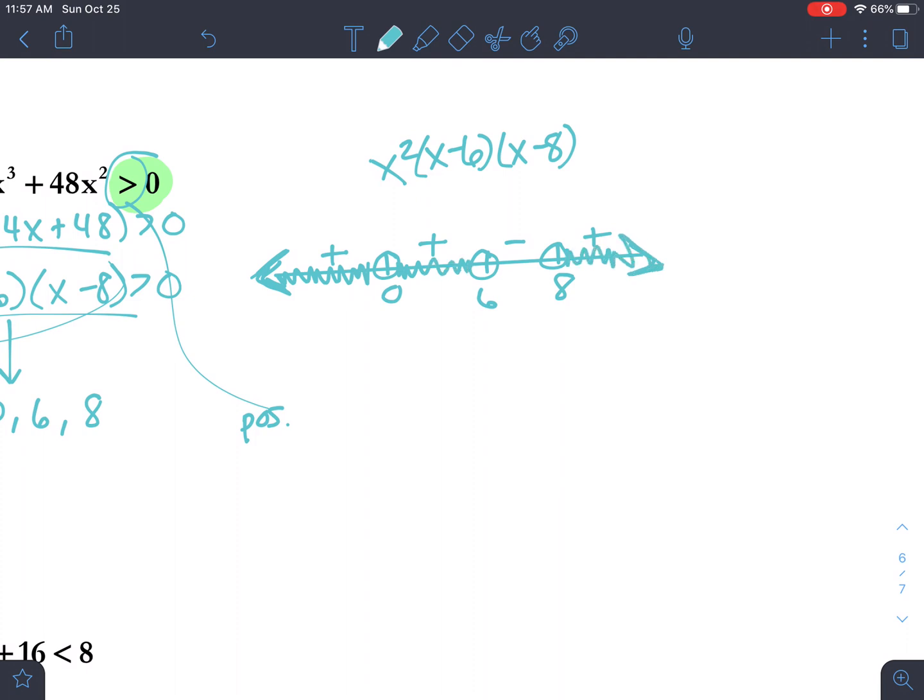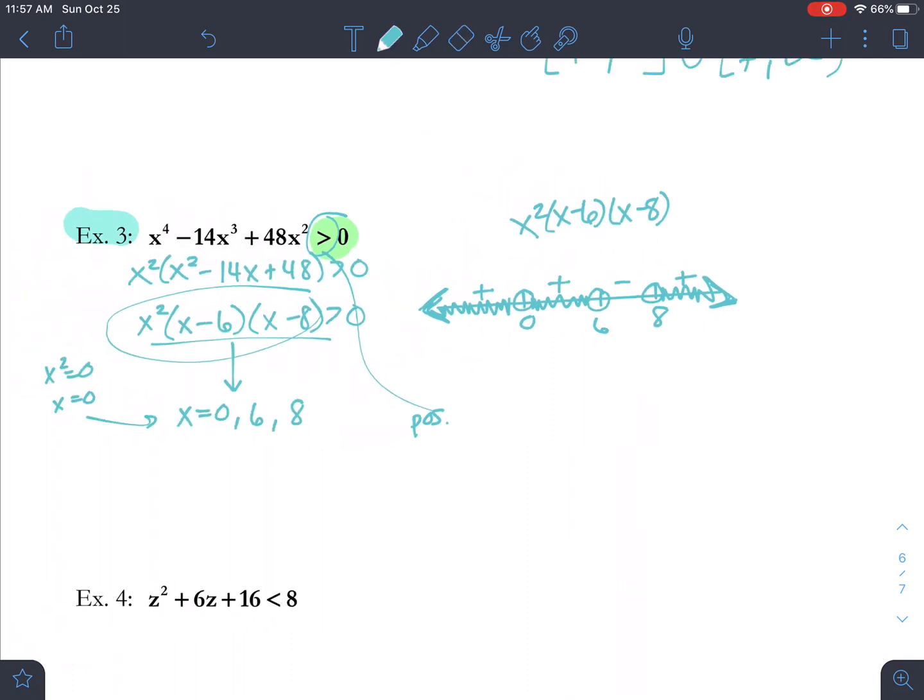Okay, I want a side note here. If this was a filled in circle, I could just say negative infinity to 6. But because we want to skip 0, and why do we want to skip 0? Well, if I plugged in 0 here, guys, you would get 0 minus 0 plus 0 is greater than 0. Is that true? Is 0 greater than 0? No, that's not true.